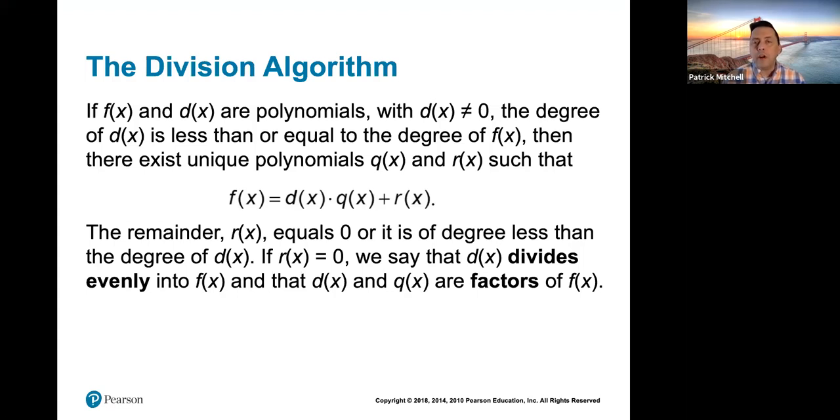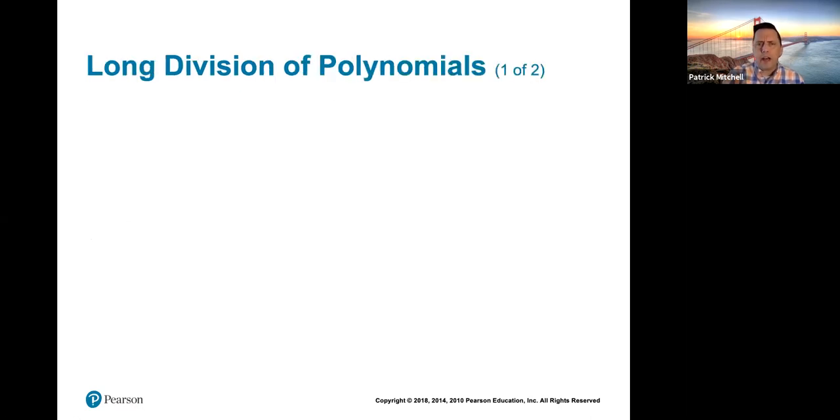So as long as you require the degree of the remainder polynomial to be less than the degree of the divisor, then these two polynomials, q of x and r of x, are unique, just like it says here. So that's actually really special. And by the way, the same thing is true for numbers. As long as you require your remainder to be less than your divisor, then the quotient and remainder numbers are unique.